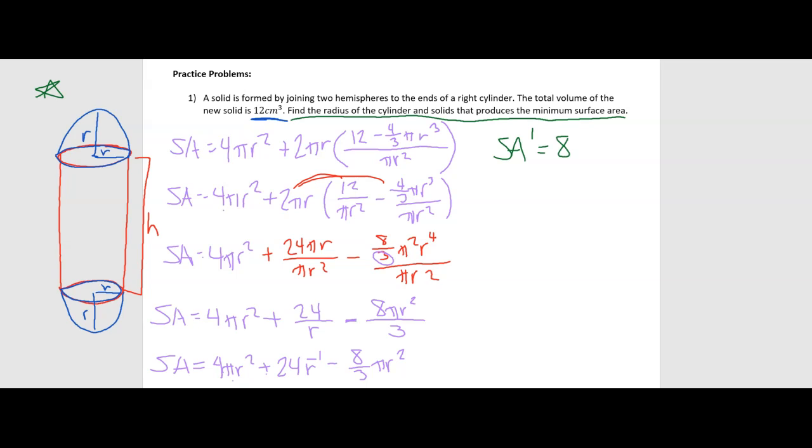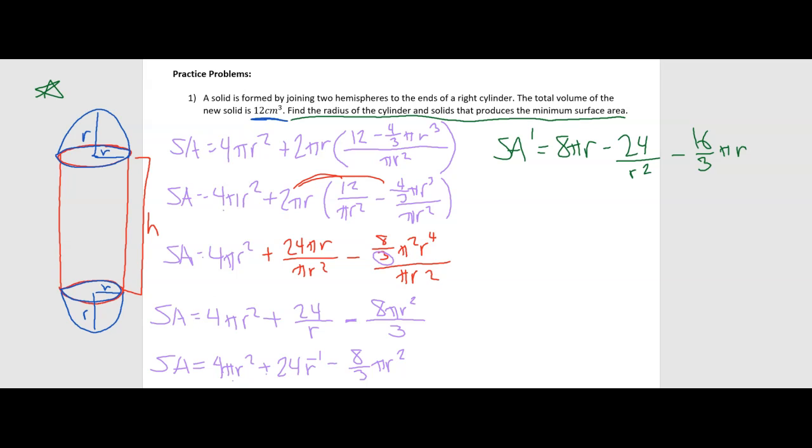So I get 8 pi r minus 24 over r squared. I kind of did 2 steps in one there, but you can go back and double check that power rule that I did, and then rewriting the r with a positive exponent, minus 16/3 pi r.